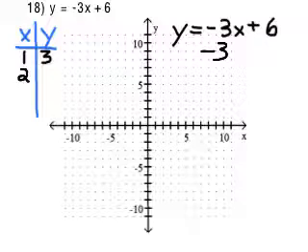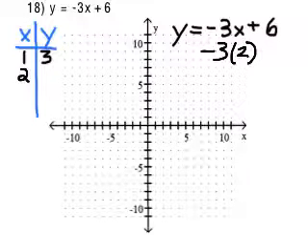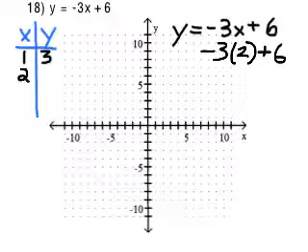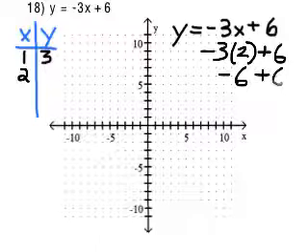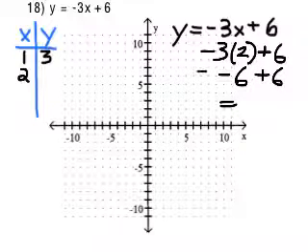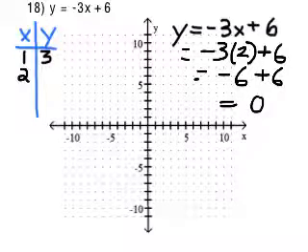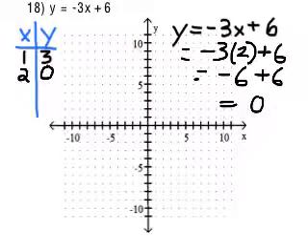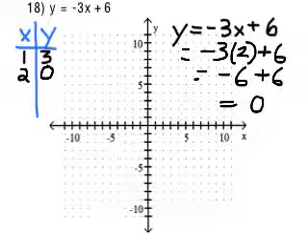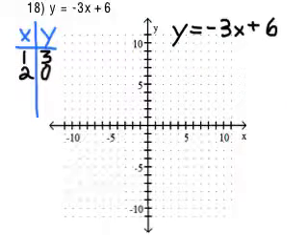Negative 3 times 2 plus 6. So negative 6 plus 6, which equals 0. And you know what that is, right? Well, y is 0. It's our x-intercept. Next, let's use 3.